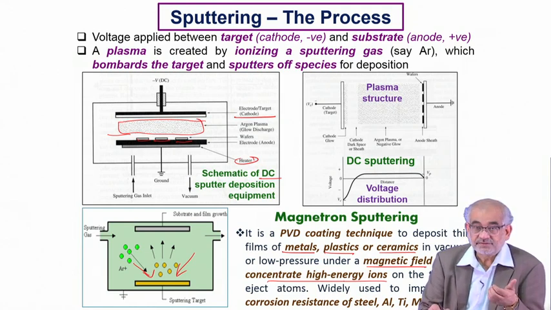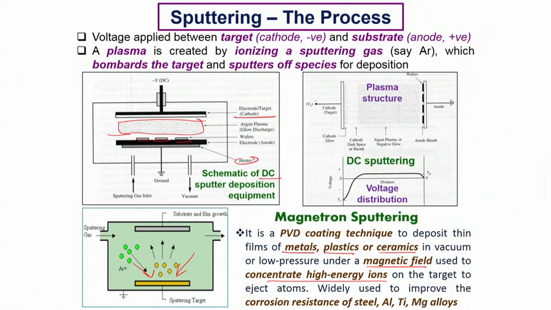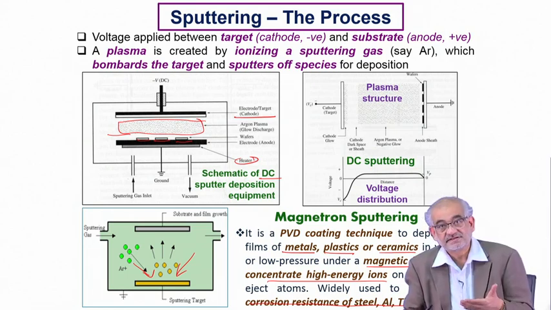So, application wise, you actually use it either for creating a conducting layer or an insulating layer, or to change the electrical resistance or the band gap. You can also use it for improving the corrosion resistance or wear resistance and so on. You can even use it as a possible substitute for, let's say, galvanizing.